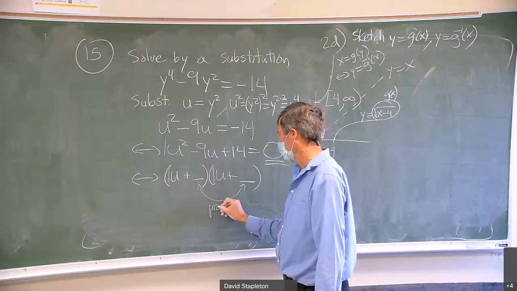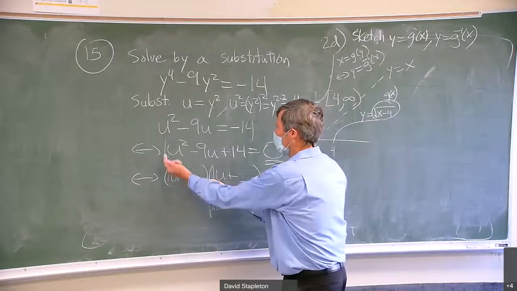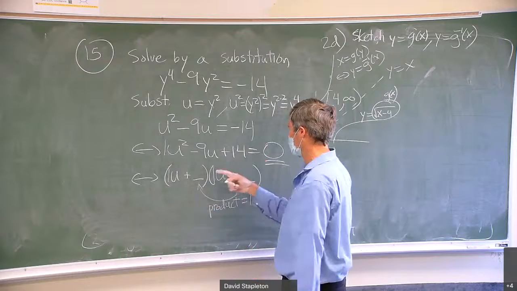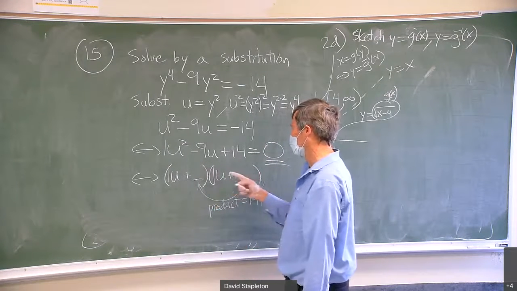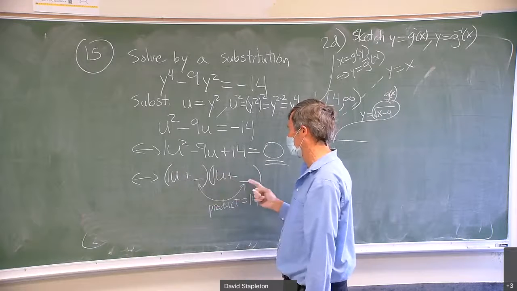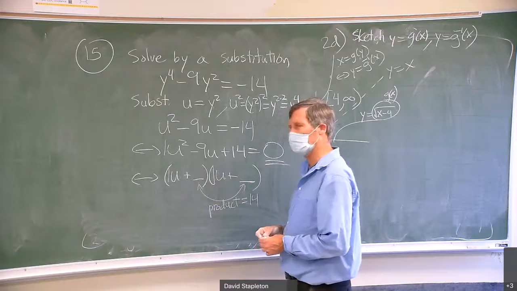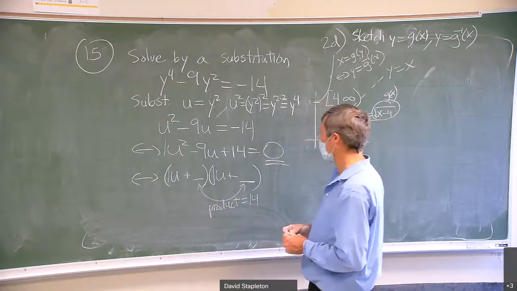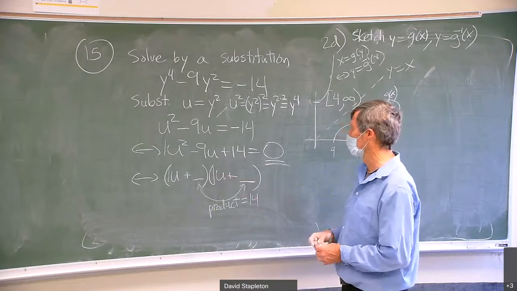Remember, the product of these has to be 14. So I can put like 14 and 1, or minus 14 and minus 1, or 7 and 2, or minus 7 and minus 2, and that's it. Those are the ones I can guess. If it's not those, then I have to use the quadratic formula because it's got nasty square roots that are hard to guess. It always does factor, but sometimes it's got nasty square roots or even imaginary numbers.